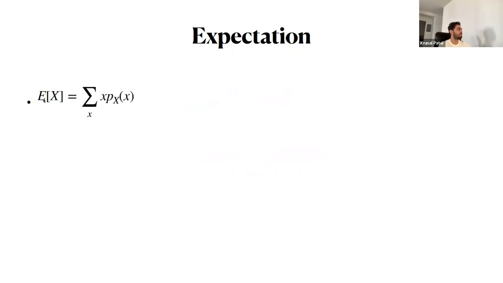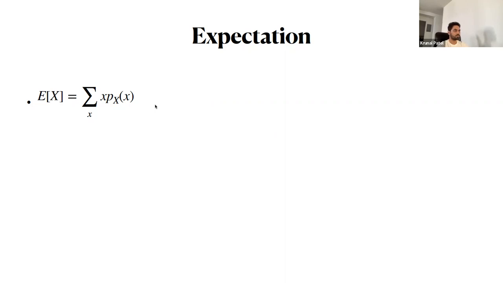Earlier we saw that random variables themselves are functions, so we can also calculate the expectation of a random variable, E of x, and this is how it is calculated. The random variable takes the value x, and we multiply it with its probability. This is again for the discrete one. For the continuous one, you just integrate it.